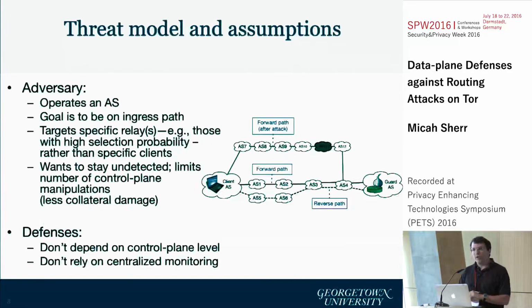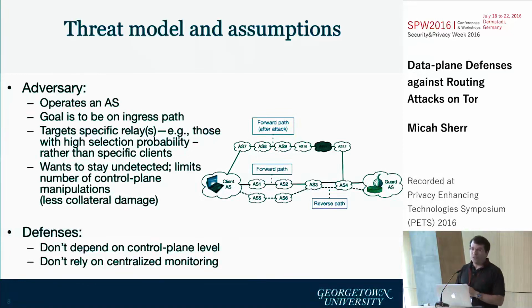Who's our adversary? Our adversary is a network adversary that operates an autonomous system or has compromised one. Its goal is, again, to be on the ingress path. We're not targeting specific users. The goal of the adversary is to de-anonymize as much of Tor as possible. So it's going to target the highest bandwidth guard relays, the ones that Tor clients select most often.